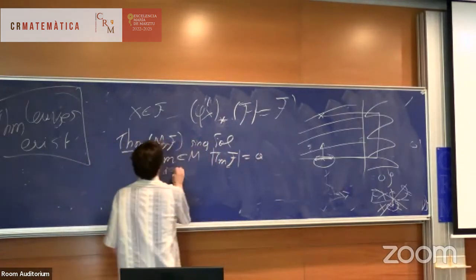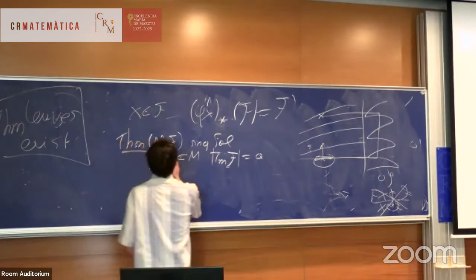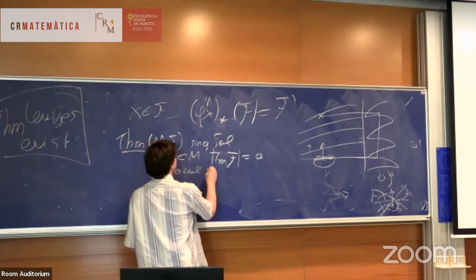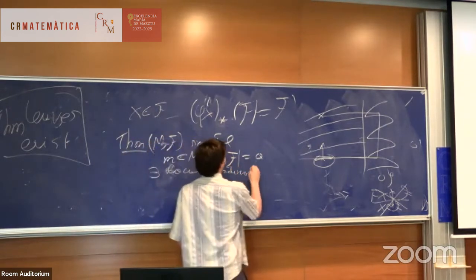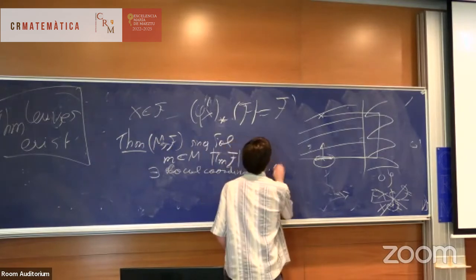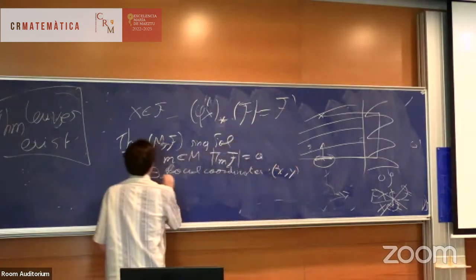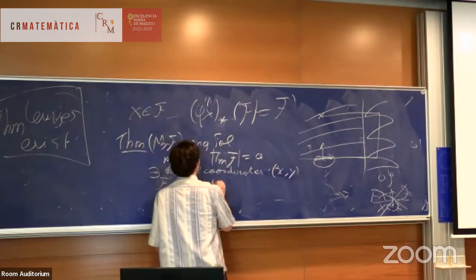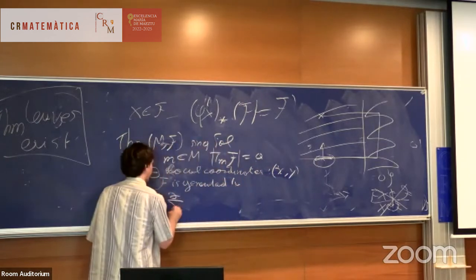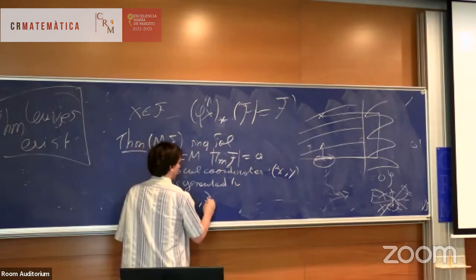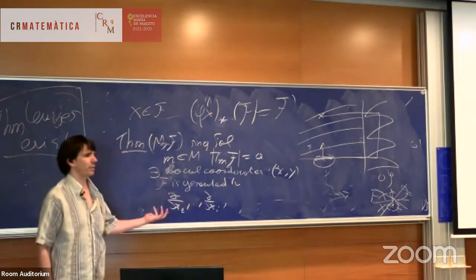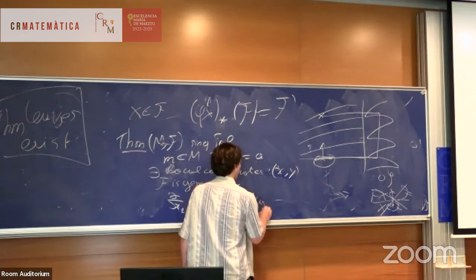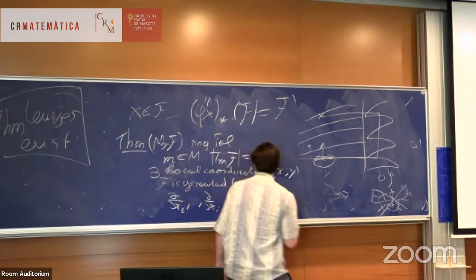Then one can show that there are local coordinates, which I could call x and y, where F is generated, with many x's and many y's, by d over dx1, ..., d over dxa, and then some vector fields that only depend on the variable y.